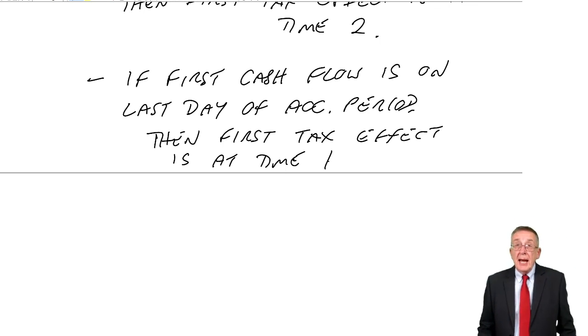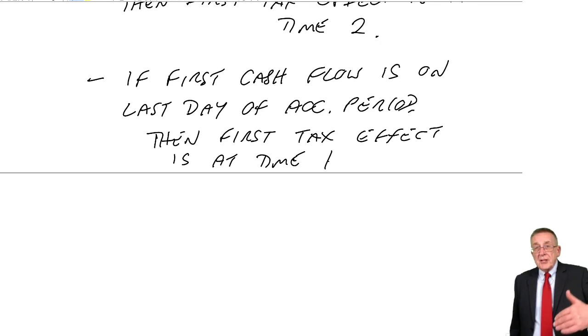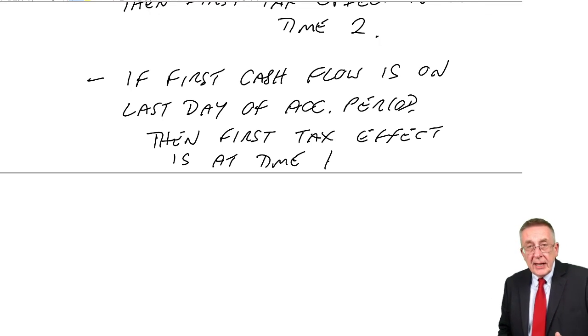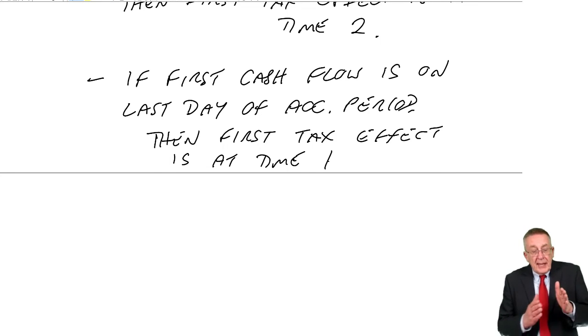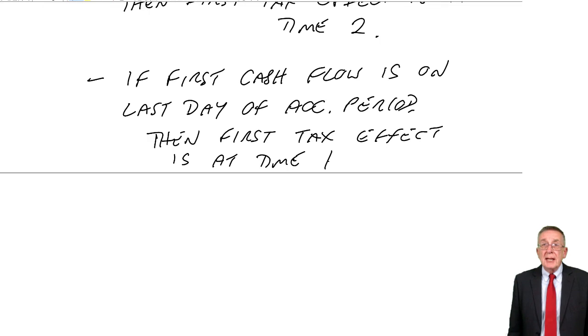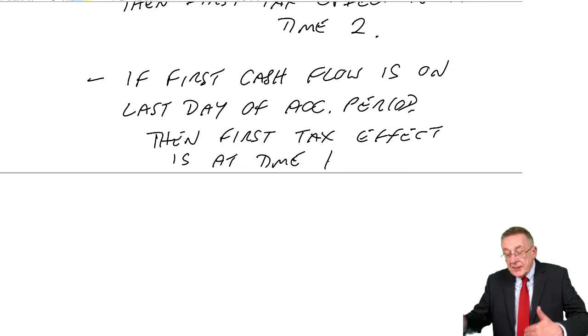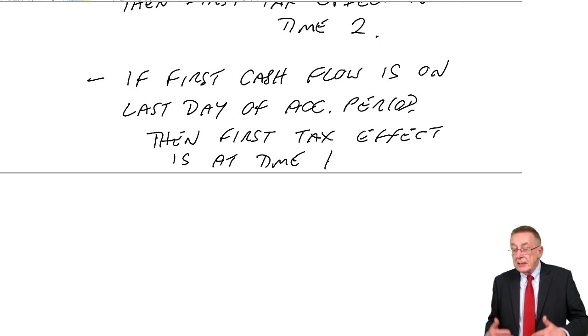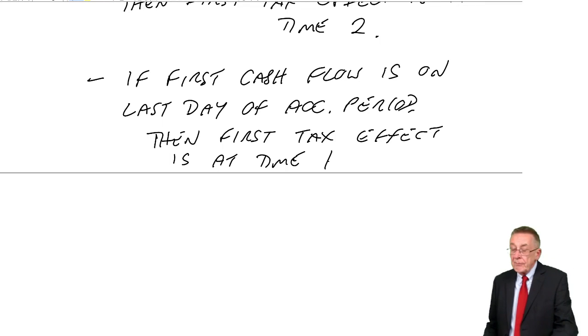This is what happened with the capital allowances. The first cash flow was at the end of the accounting period. Because it's on the last day of the period, immediately the tax will be calculated. But because of a 1-year delay in payment, the tax effect will be 1 year later at time 1.